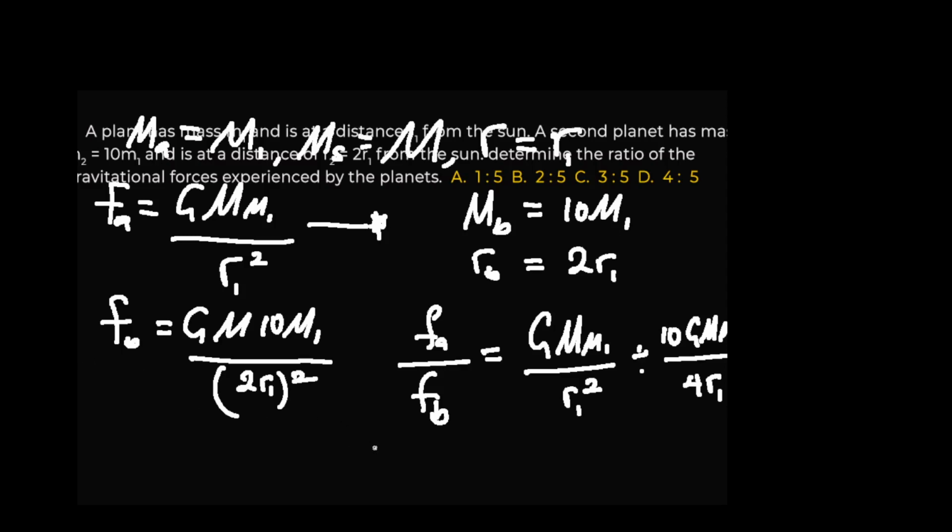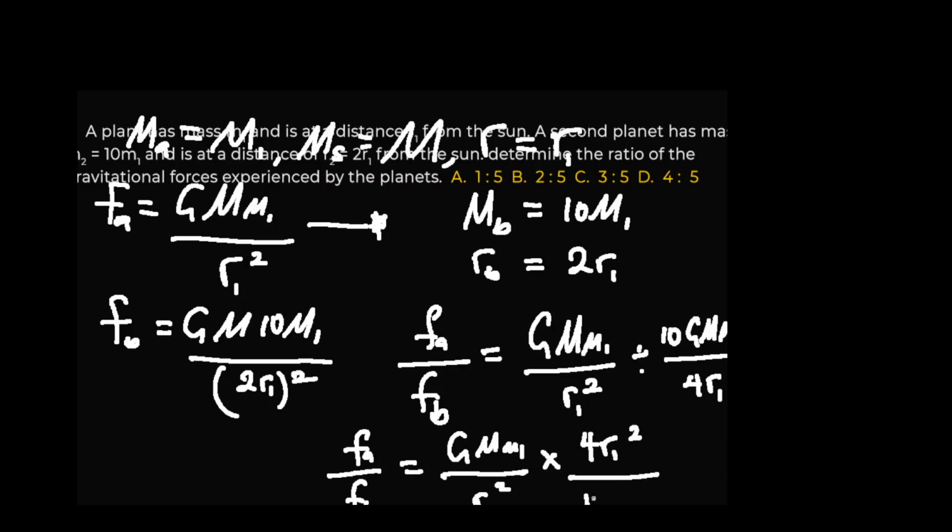So the ratio of FA to FB is going to become GM1 all over R1 squared multiplied by 4R1 squared divided by 10GM1. Are you seeing it now?